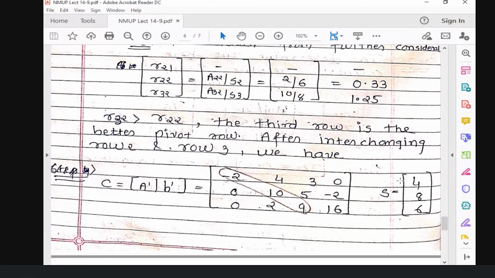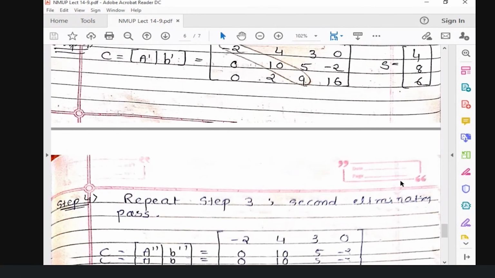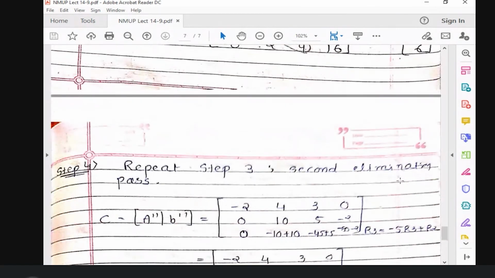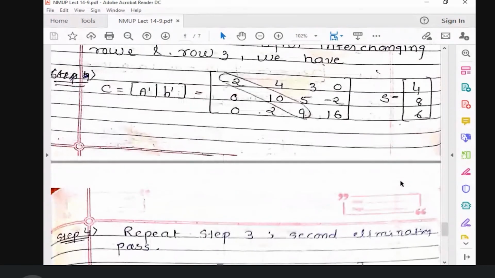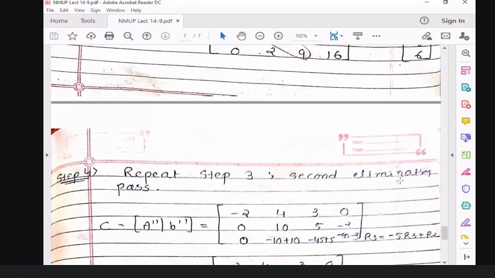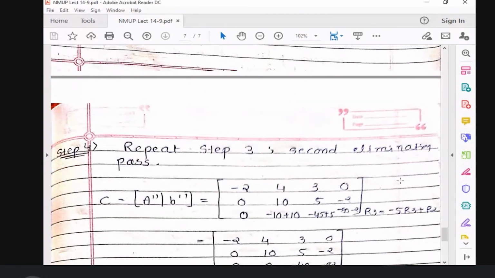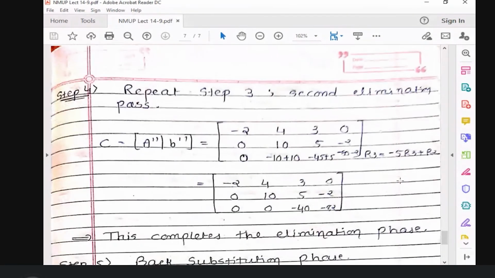And again we do the same elimination step, right? And by doing that, we got this new matrix. So now my upper triangular matrix has 0 for all these three values below the diagonal.